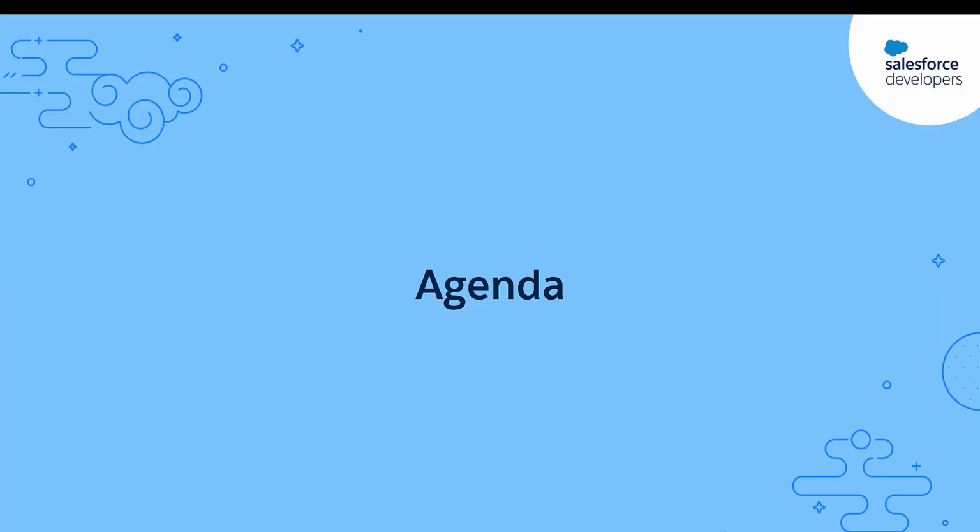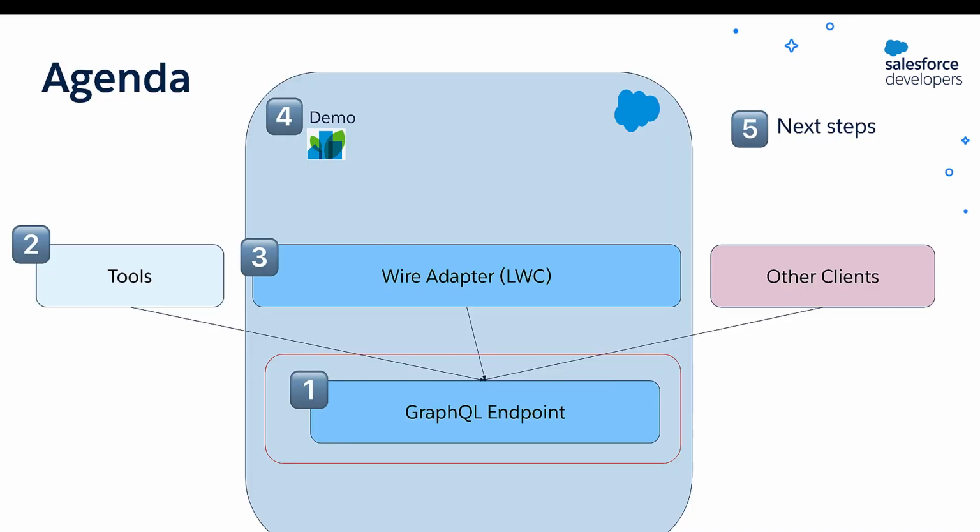Now that you get this introduction, I'll cover the agenda, what we'll define today. There are going to be 5 steps in this session. First step is to talk about what is GraphQL and what is a GraphQL endpoint.